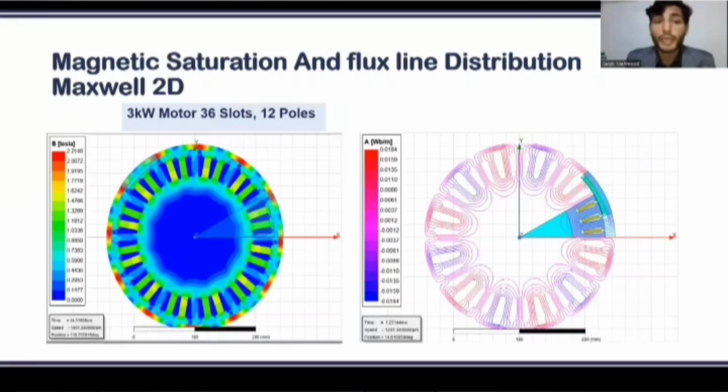But if there is a magnetic saturation value higher than 2 Tesla, then there must be a proper setup for the heat dissipation of the rotating magnetic field produced in the stator, and we did consider that particular parameter in the hardware design. And from this graph we can see that the flux is uniformly distributed and is moving through the stator and the rotor steel.